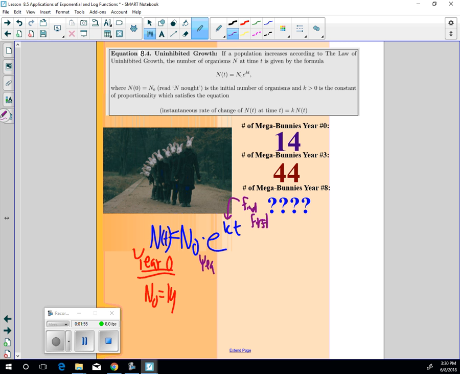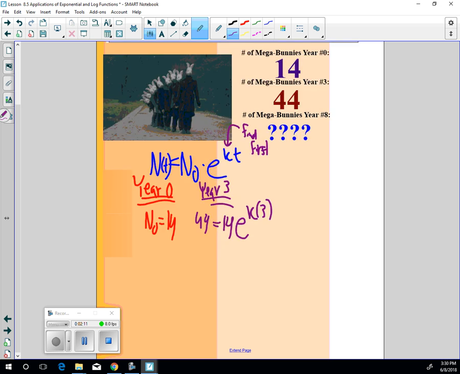For year 3, we start with 14, we end with 44, and we don't know k, but we know it's 3 years. So you can kind of see that 44 over 14 equals e to the 3k, then log base e of 44 over 14 will be equal to 3k.